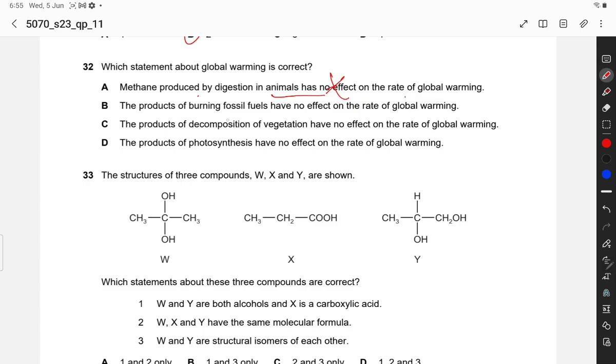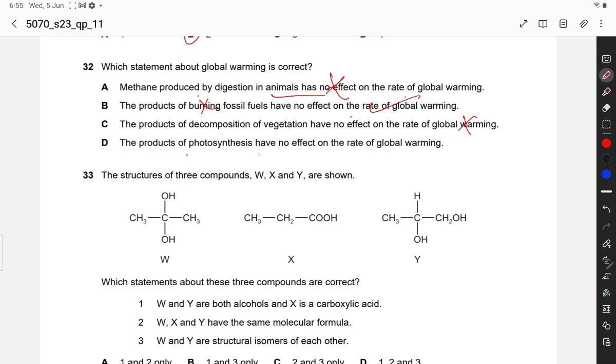The products of burning fossil fuels have no effect on the rate of global warming. Burning of fossil fuels does affect the rate of global warming. So this is also incorrect. The products of decomposition of vegetation have no effect. This is also incorrect.